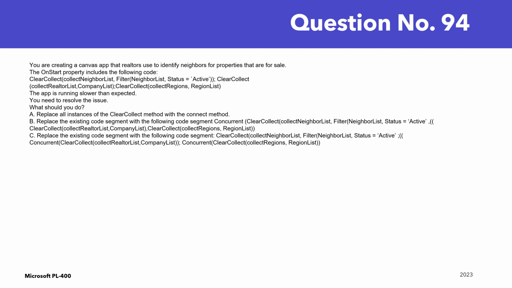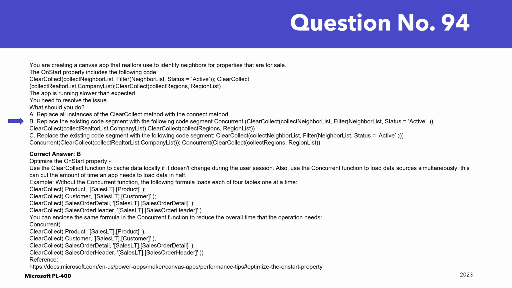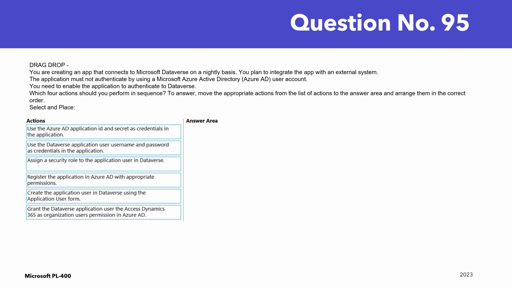C. Replace the existing code segment with the following code segment: ClearCollect neighbor list, Filter neighbor list, status equals active, Concurrent ClearCollect realtor list, company list, Concurrent ClearCollect region list. Correct answer: B.